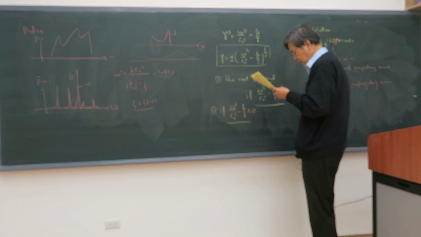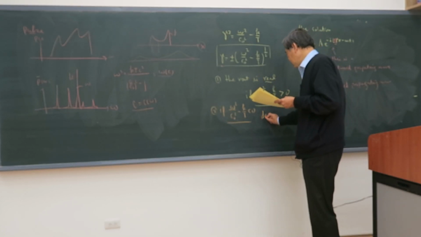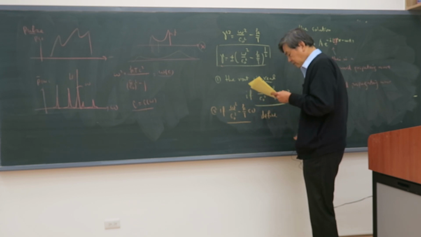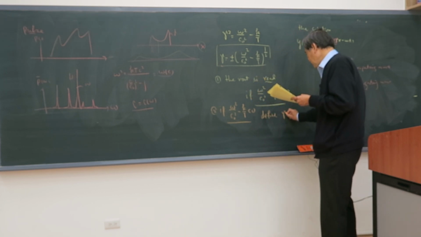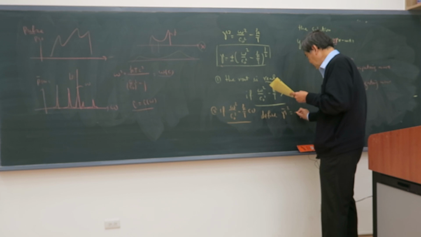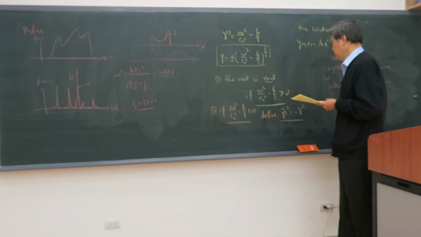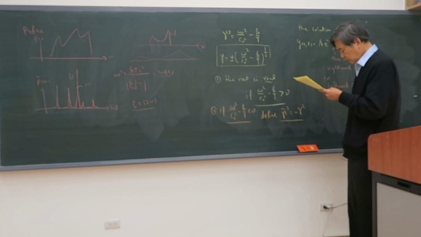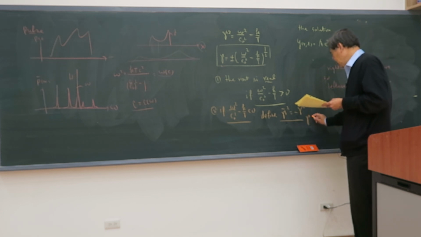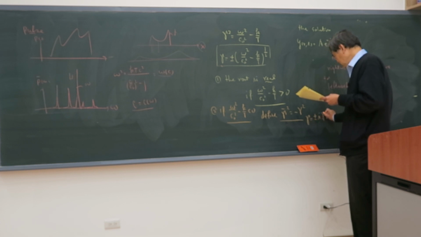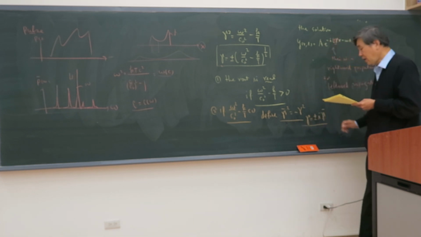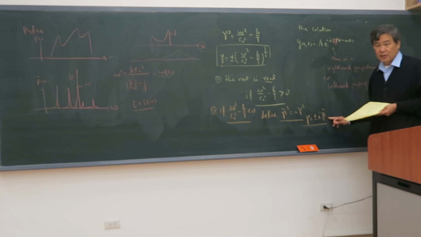Then we define γ-bar² equal to −γ², so our γ is plus or minus i γ-bar. So γ-bar is a real number and γ is an imaginary solution.